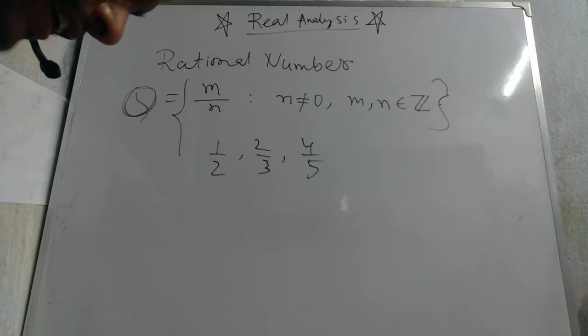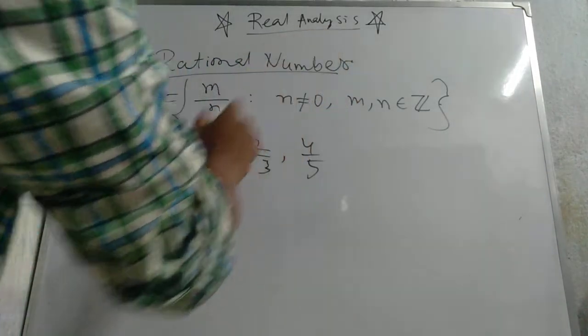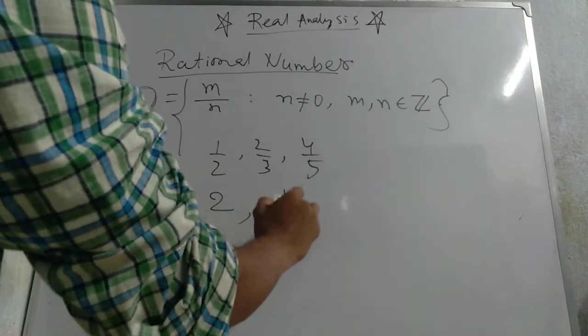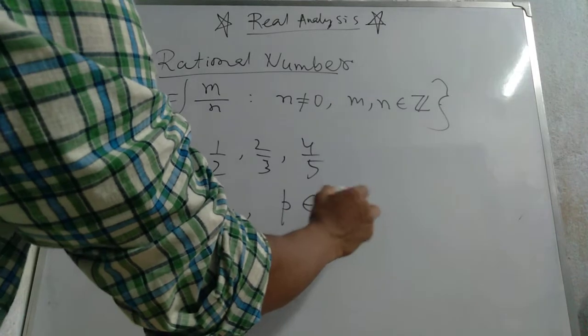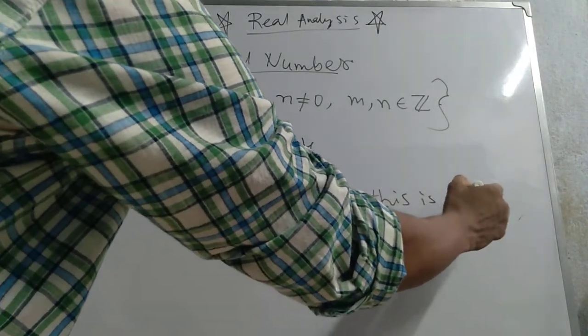Next, how do we progress further? Is p square equal to 2 possible when p belongs to Q?